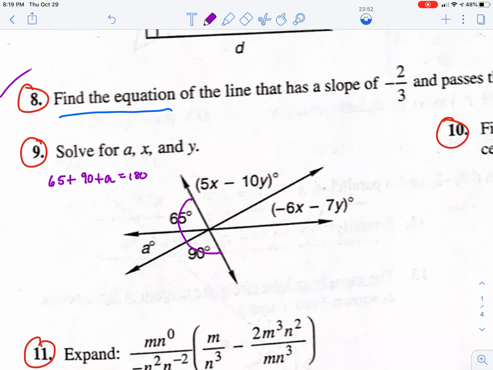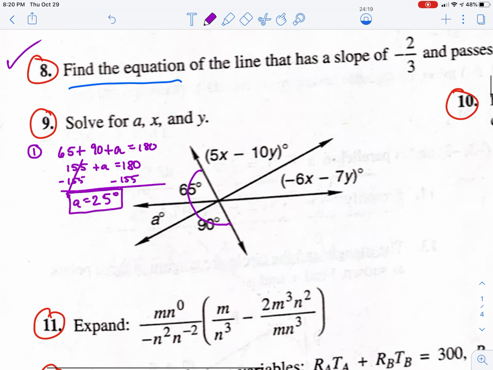Since it's all on a line, they total 180. So you would have 155 plus a equals 180. If you work through that and subtract 155 from both sides, you'll end up with a equals 25 degrees. Okay, so that's a. That's step number 1 for a.